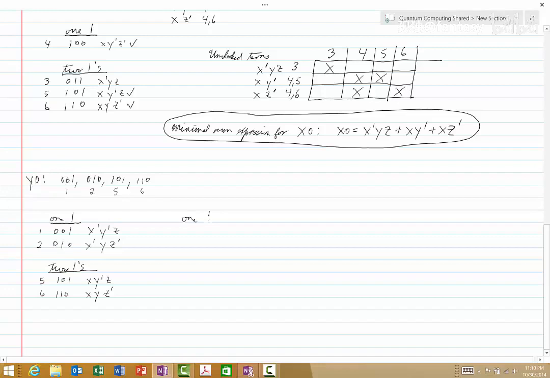So we come to the second column now. And what about 1 with 5? We expect that to work because 1 is smaller than 5, and the difference between 1 and 5 is 4, which is a power of 2. So we expect 1 and 5 terms to combine. Notice that they differ only in the x position, so that will drop out, and we should be left with y prime z.